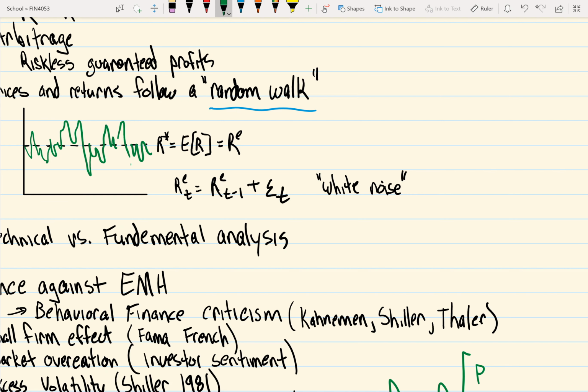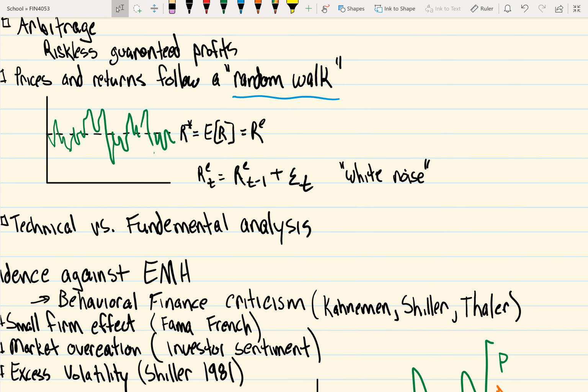I believe they have all won Nobel Prizes now for their work, where Daniel Kahneman was actually a psychologist. So he did a lot of work studying irrationality or bias, and that laid a foundation for Shiller and Thaler and others, of course, to study behavioral finance, which assumes that investors are not rational and wonders what effect this has on the market.